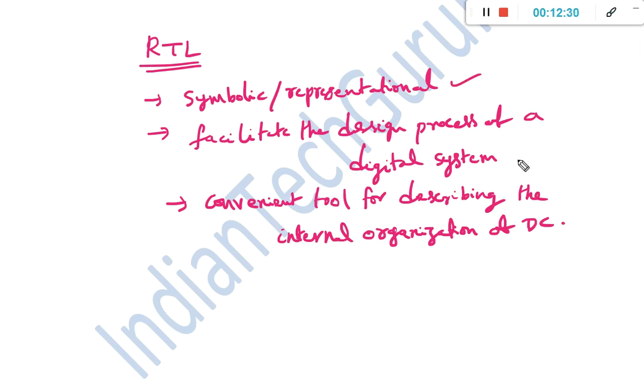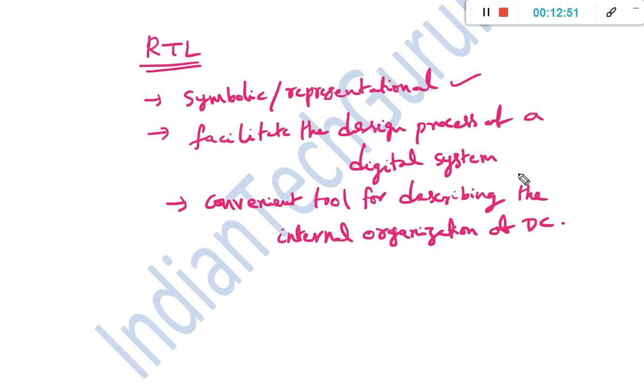How are we going to design a digital system? What are the basic building blocks to design a digital system? What are the data transfers between different components of the digital system? All these things are carried out. Similarly, it is a convenient tool for describing the internal organization of the digital computer.